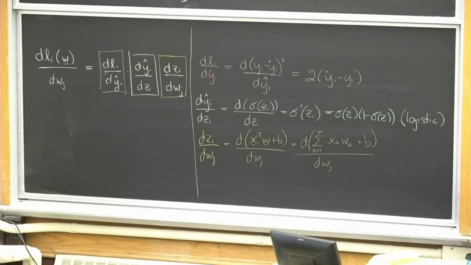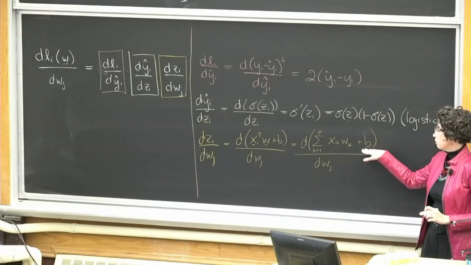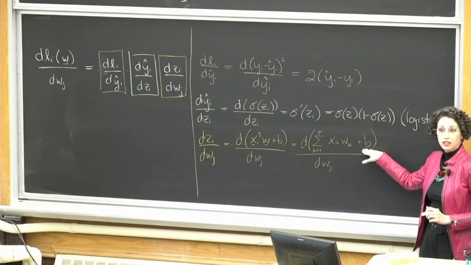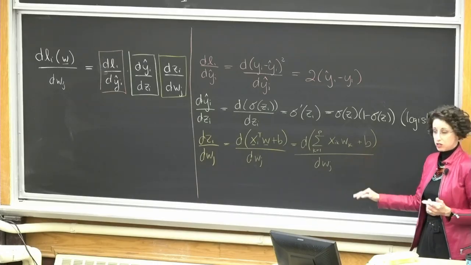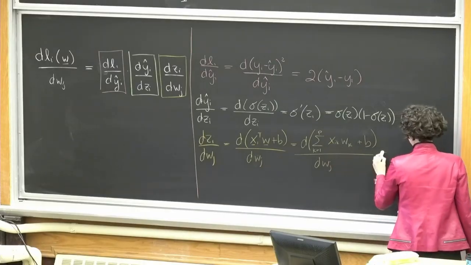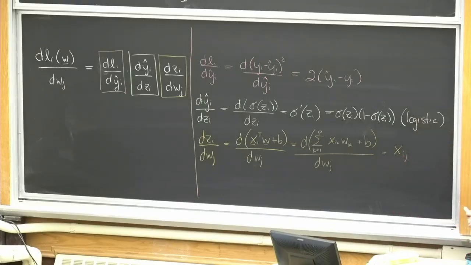If I compute that derivative, what do I get? I've got a sum of different terms here. Which ones depend on wj? Exactly, where k equals j. Nothing else depends on wj. So when k is equal to j, the derivative is xij.